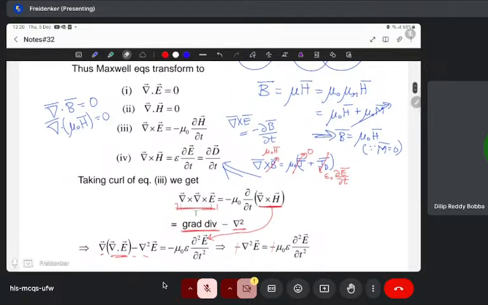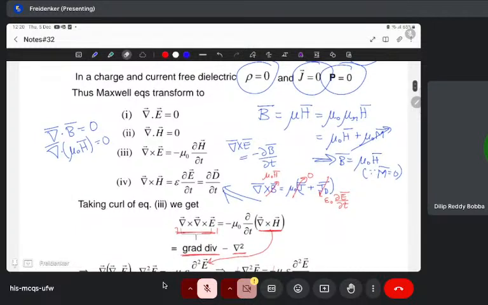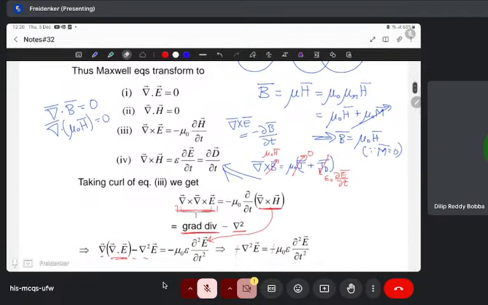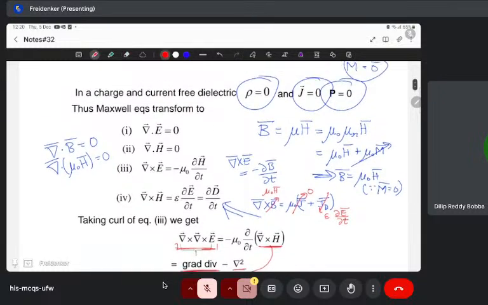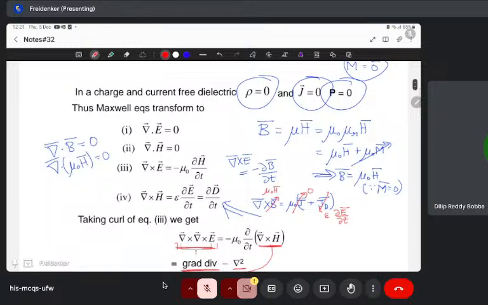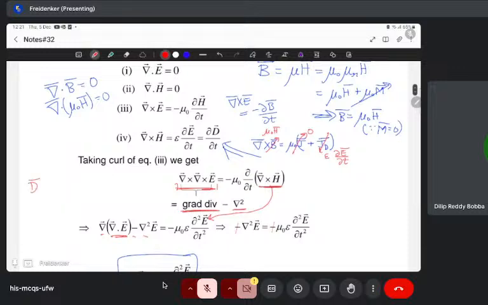Okay, so they're not considering epsilon naught here, they're considering epsilon. That would mean, wouldn't that mean P need not be zero? Because I know D is epsilon E bar, which is epsilon naught epsilon R E bar, which is nothing but epsilon naught E bar plus P bar. So if P is non-zero, then D can be epsilon E bar.